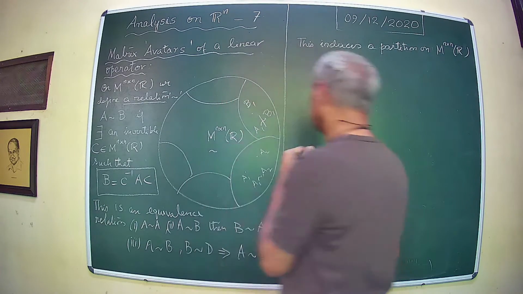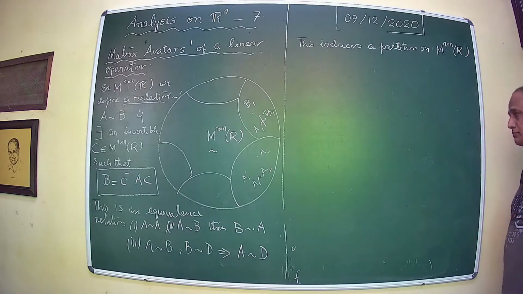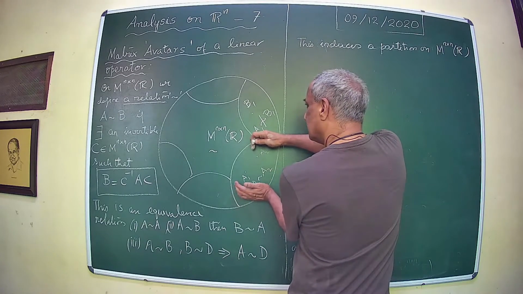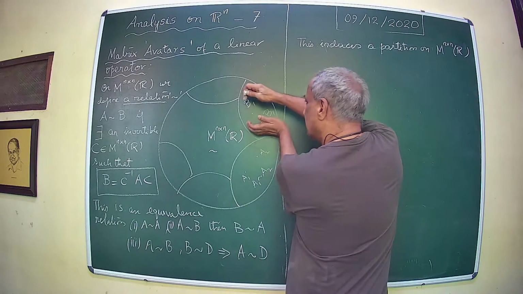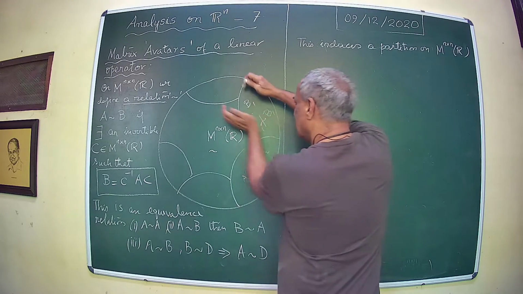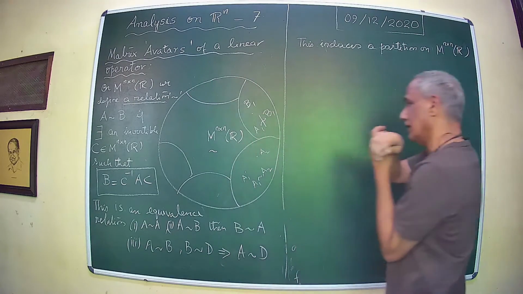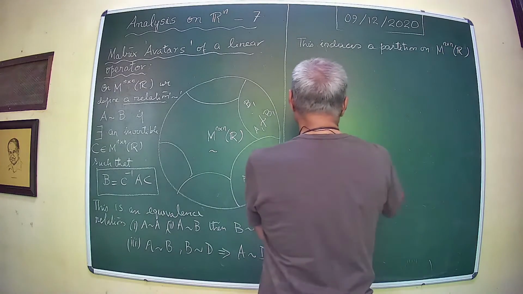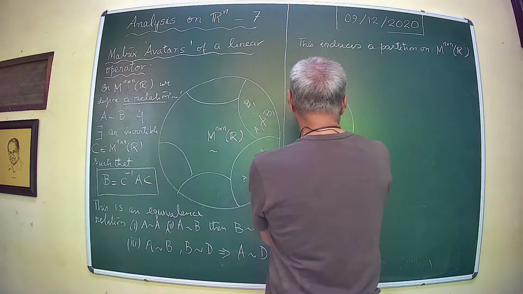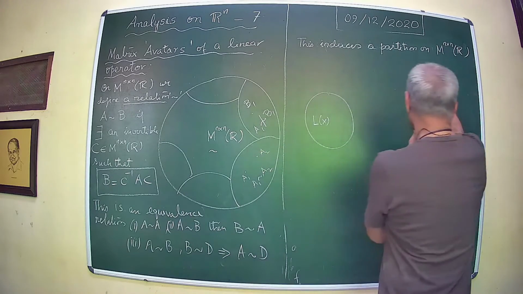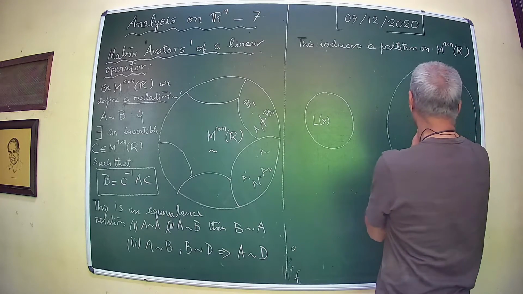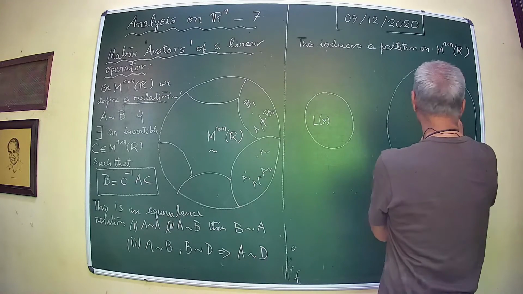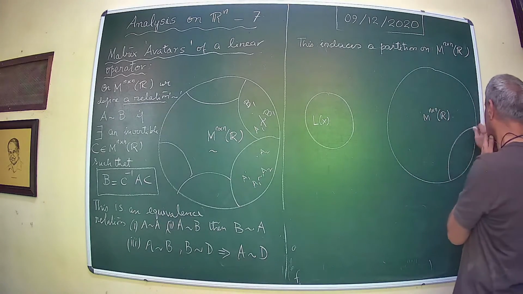So that's simple. All the matrices here are related to one another. All the matrices here are related to one another. All these are related to one another. Therefore, on one side you have X, and on the other side you have the equivalence classes.